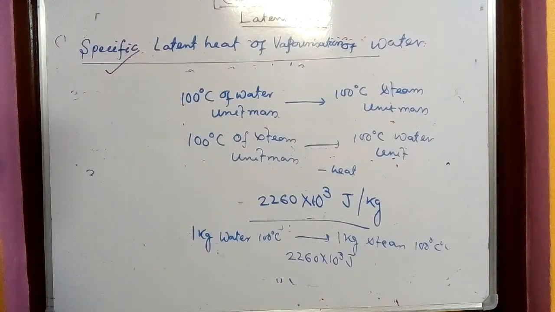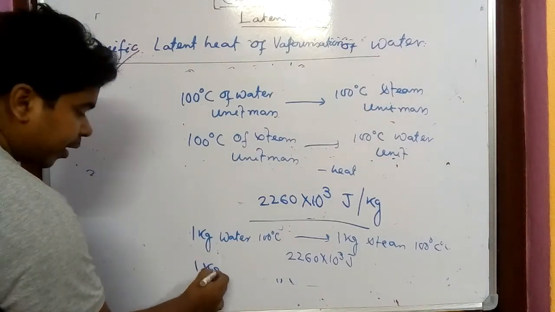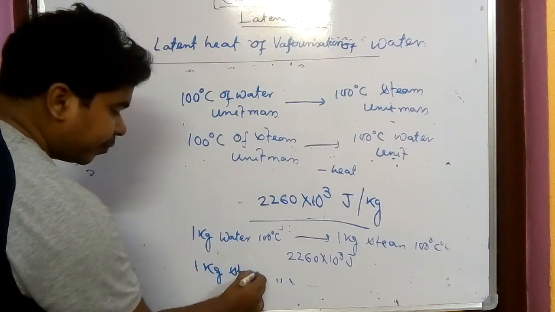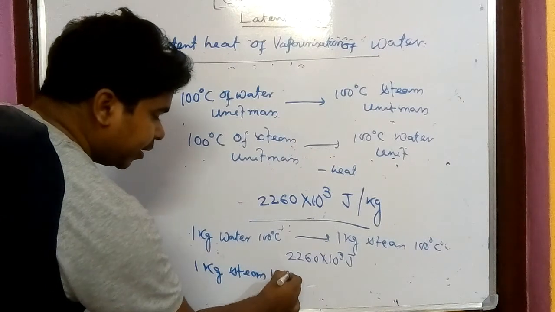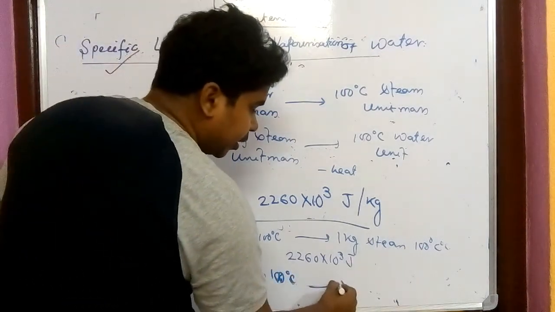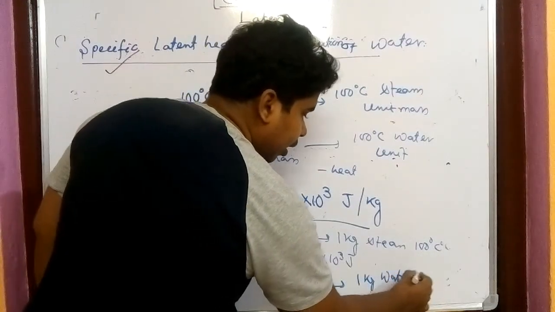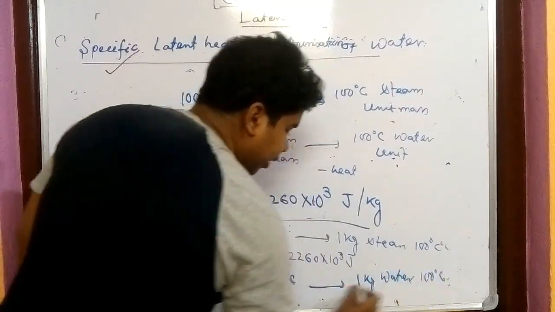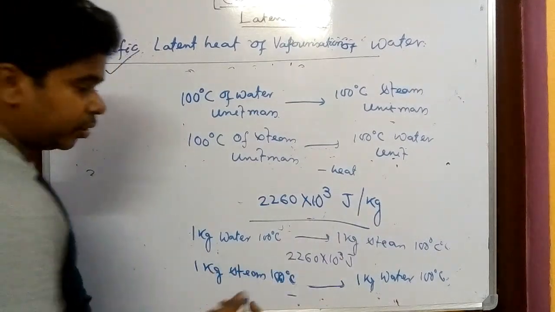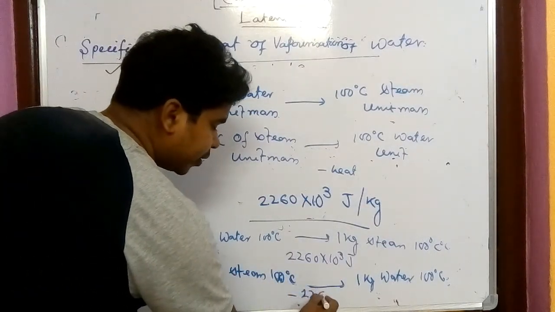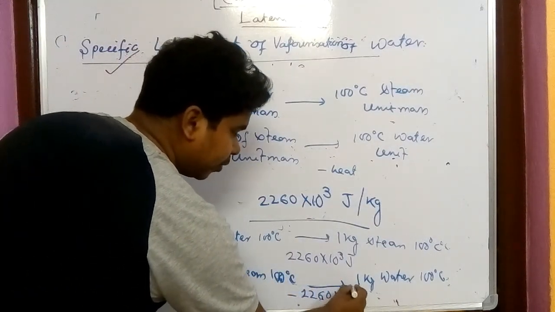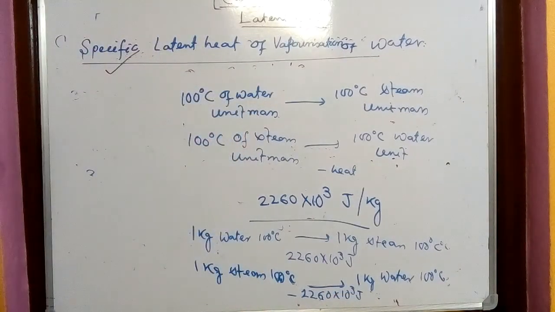Or in another way, when 1 kg of steam at 100 degree centigrade converts into 1 kg of water at 100 degree centigrade, you have to liberate 2260 into 10 to the power 3 joule of heat.